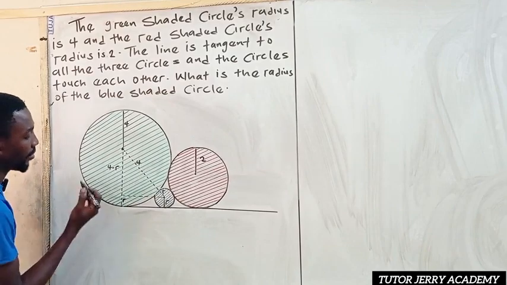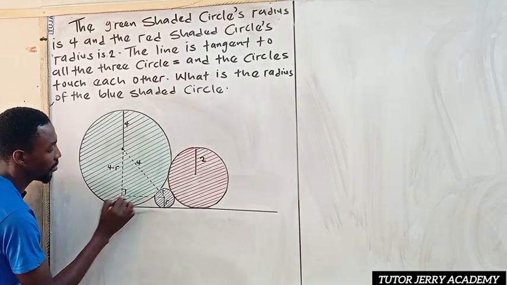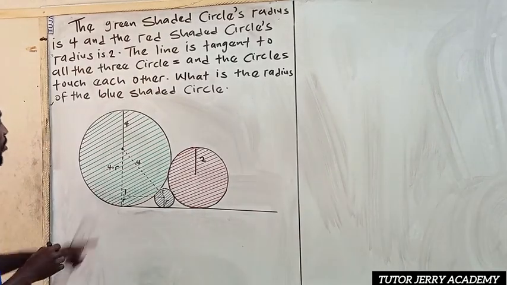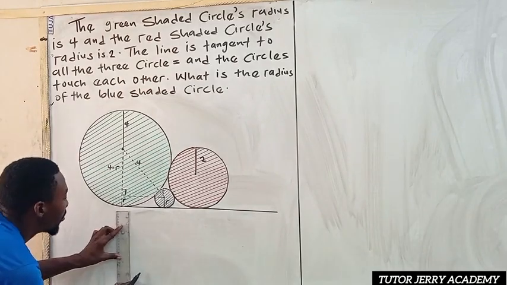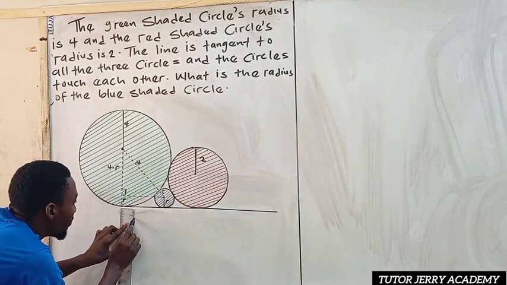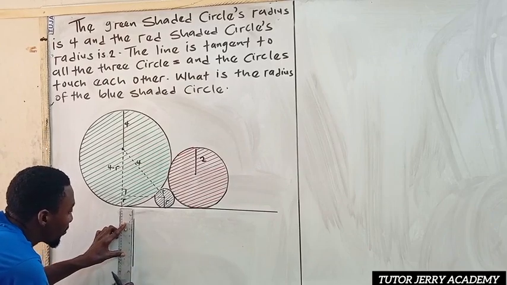All right. So now, don't forget that this place is going to be a right angle. So we can bring out this triangle. If we bring out this triangle, we are going to have something like this.